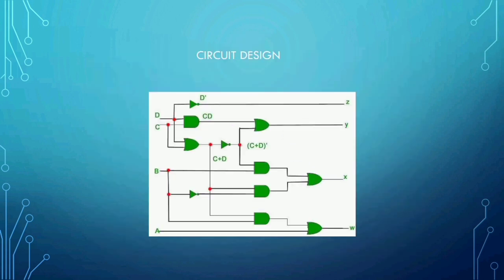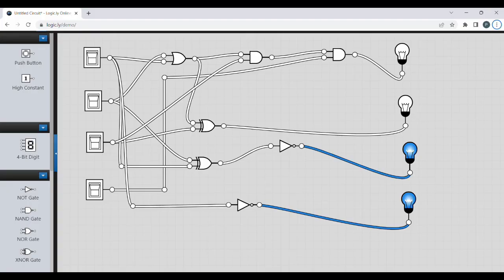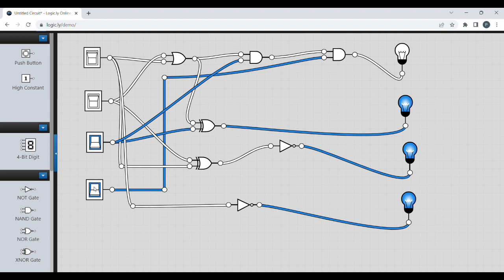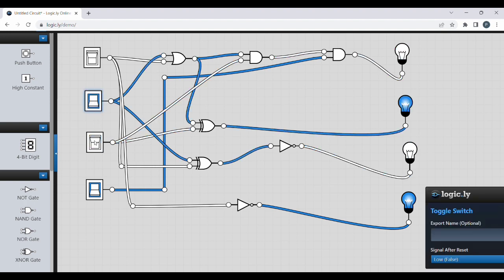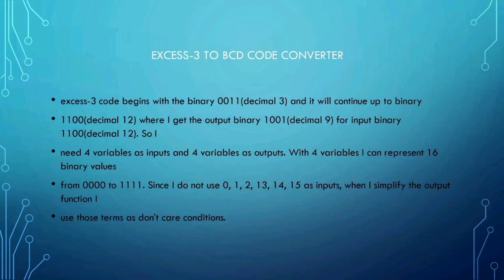Circuit design. XS3 to BCD code converter.